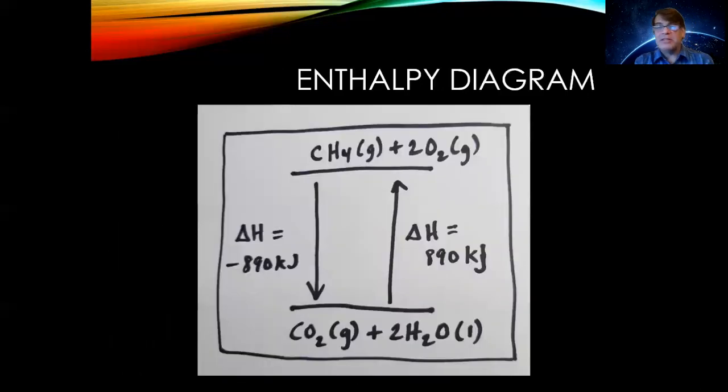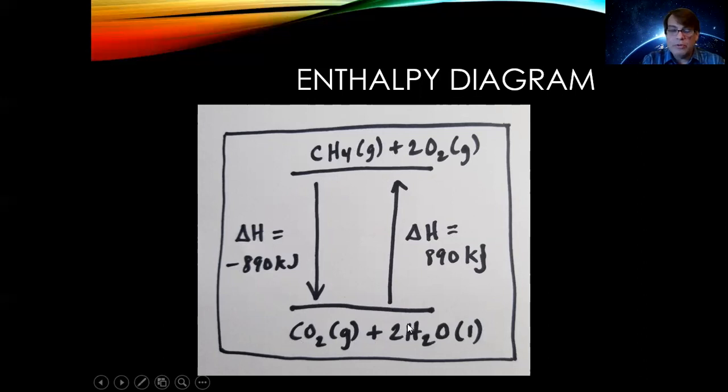Okay, lastly, this wasn't a very long section. This is what's called an enthalpy diagram. Here we have, I believe, methane gas. If you were to go from methane and oxygen to carbon dioxide and water, that is an endothermic reaction that requires 890 kilojoules.